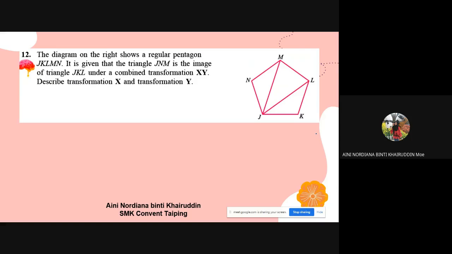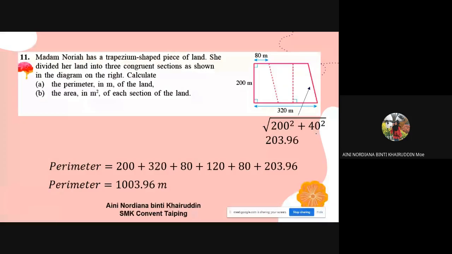Question B has no answer. The area in meter square of each section of the land. Forgot to do that. So the area, use the formula area of trapezium. 1/2 times 80 plus this, the area is 320 minus 80 divided by 2 and then times 200.